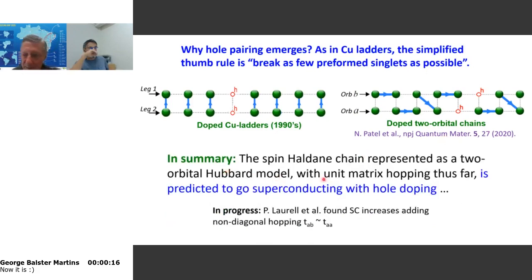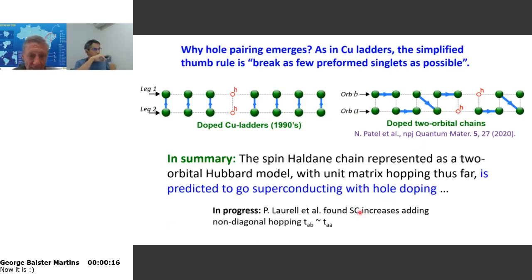So in summary, the Haldane chain represented as a two-orbital Hubbard model with a unit matrix so far is predicted to go superconducting with hole doping. The signal is very robust. And one of my collaborators is working on trying to relax that story of using the unit matrix hopping and see, after all, if the dominant singlet appears to be diagonal.